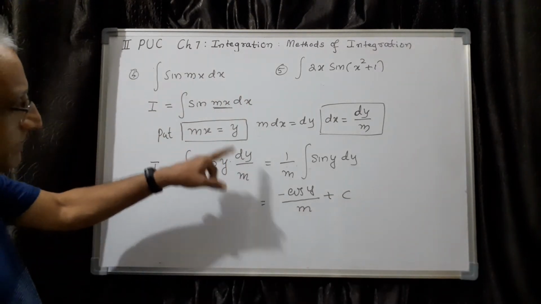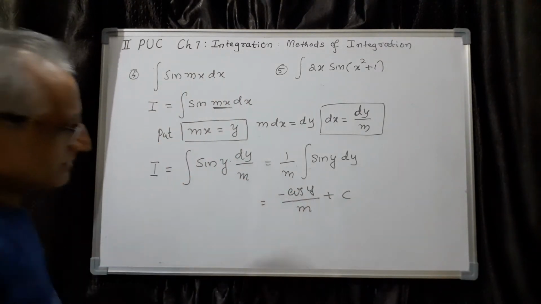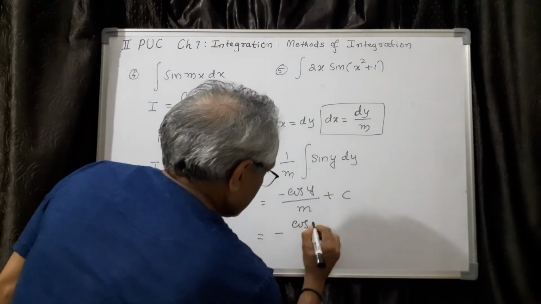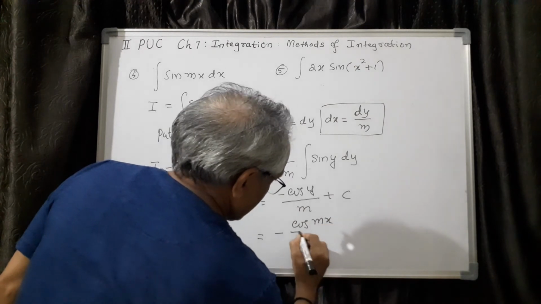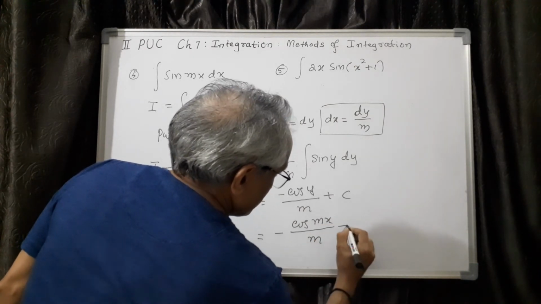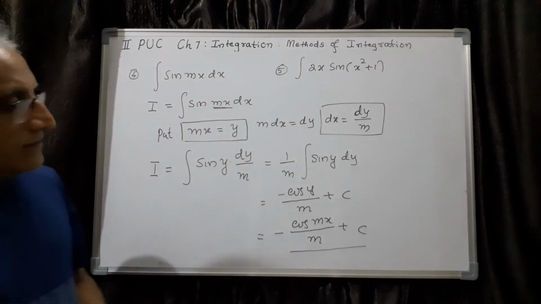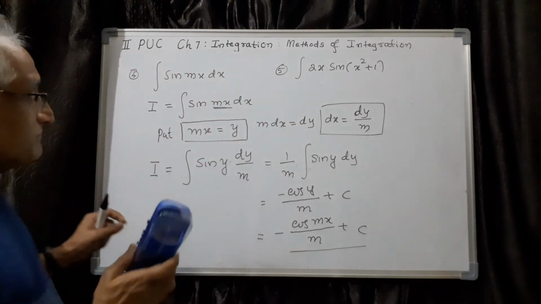Now y should be replaced by mx. Therefore the final answer is minus cos mx divided by m plus c. Now let us do the fifth question.